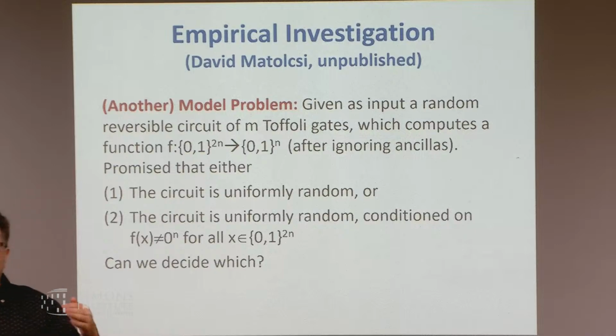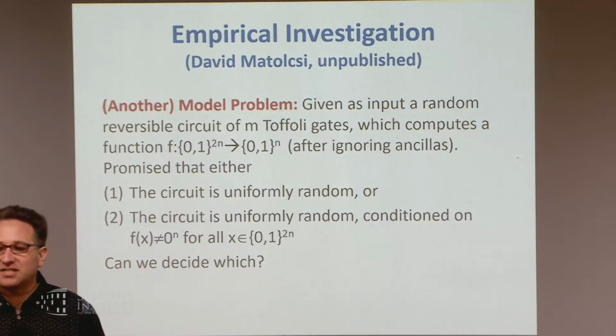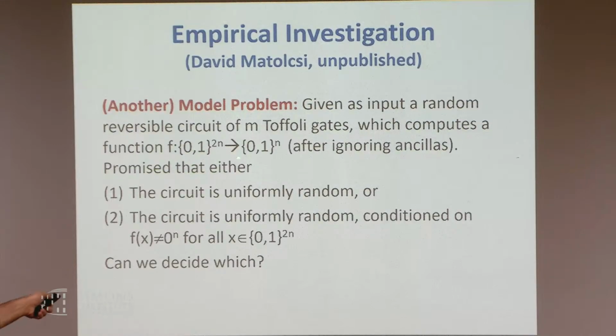And then by throwing away a bunch of ancillas, you can think of your reversible circuit as computing some Boolean function f, let's say from 2n input bits to n output bits. And now let's say that we're promised that either 1, the circuit is uniformly random, or 2, the circuit is uniformly random, conditioned on the event that for all inputs x of 2n bits, f of x is not the all-zero string.